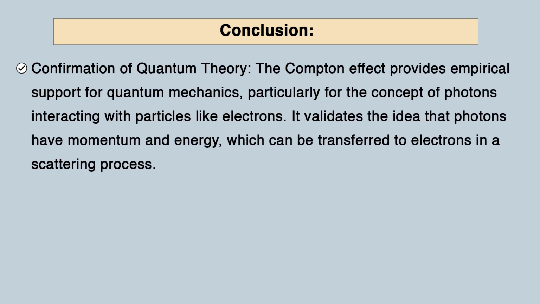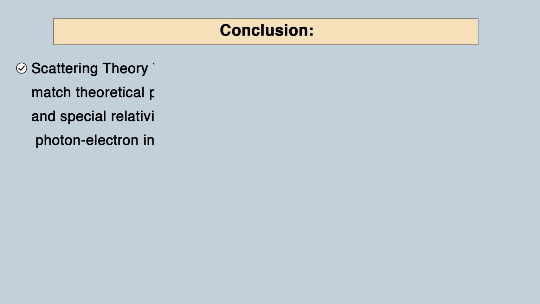Third point is the confirmation of quantum theory. The Compton effect provides empirical support for quantum mechanics, particularly for the concept of photons interacting with particles like electrons. It validates the idea that photons have momentum and energy, which can be transferred to electrons in a scattering process.